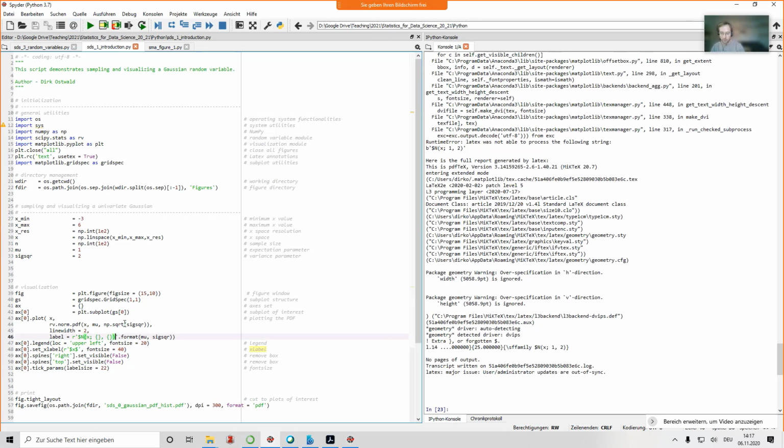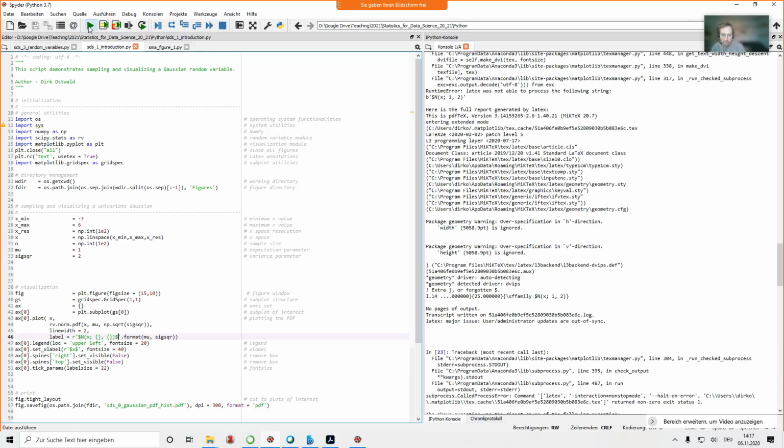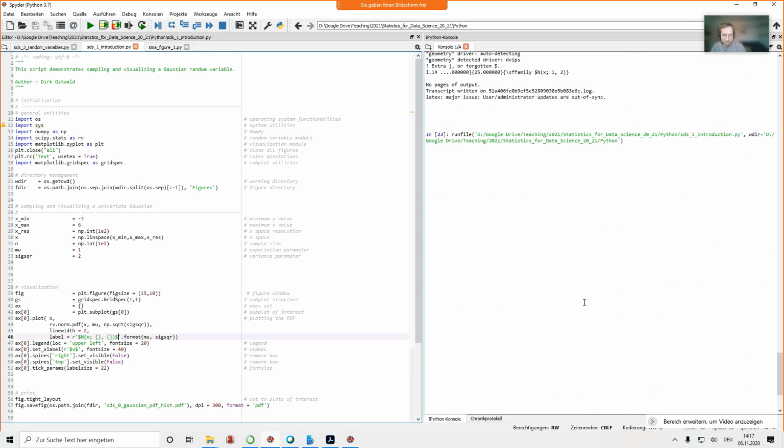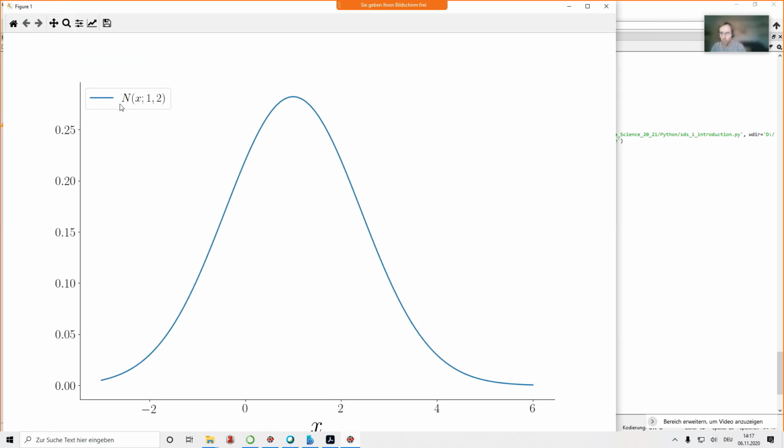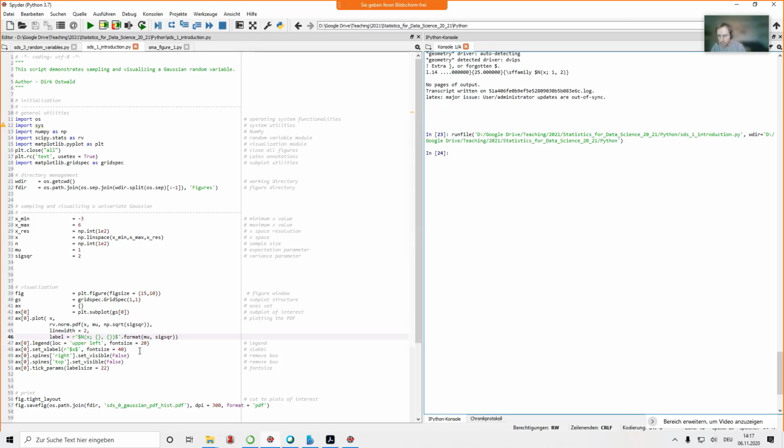Okay, this is because I forgot to close the LaTeX formatting. Now that worked, so we can definitely make this a little bit bigger. Let's do this and turn off the frame.